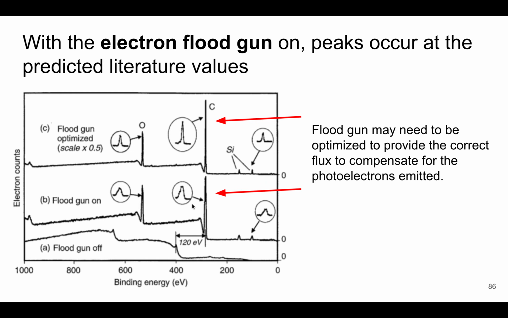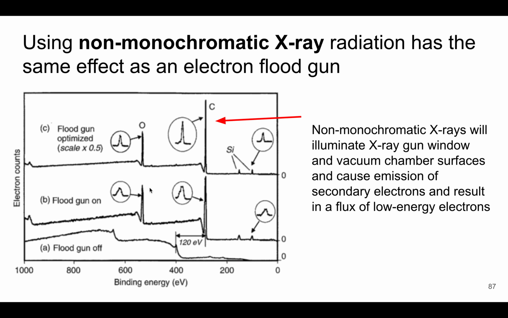So the flood gun is something that you would have optimized, either with the machine or as you're getting used to using it. You have to have the correct flux to compensate for the photoelectrons that are emitted, so that has to be optimized for your settings. And that's the importance of having this charge neutralization.